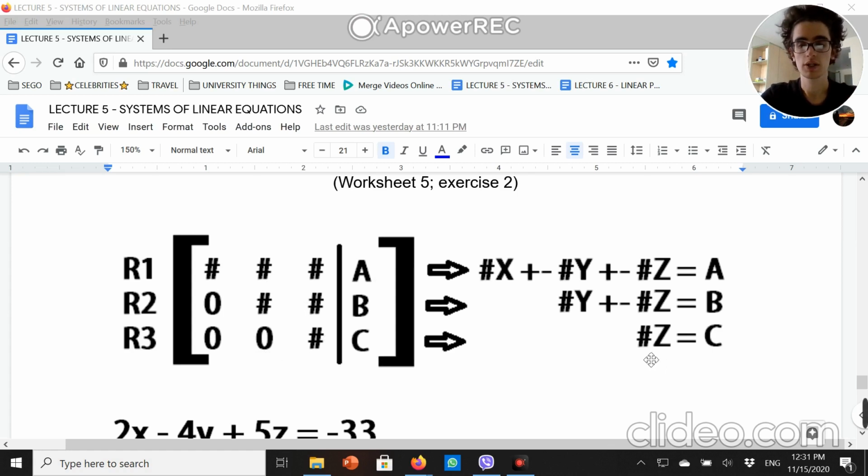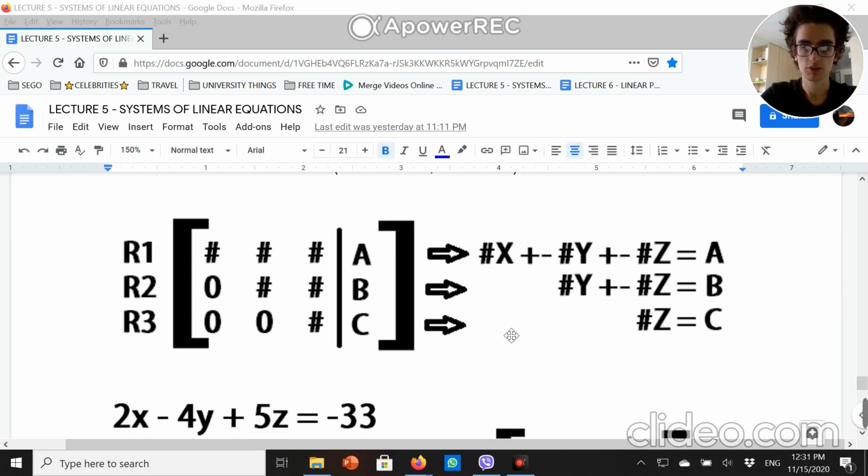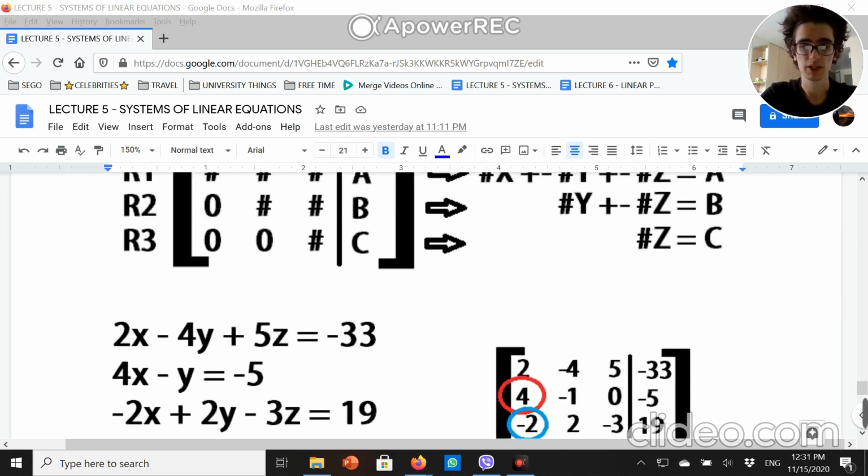We can calculate z equals c, and then we calculate for z. Then we include that z value into this one. Then we have to calculate y, and then we include both z and y into this one to calculate for x. It does sound a bit complicated, but I'm gonna show it to you in an example immediately so that you actually see that it's not really complicated.